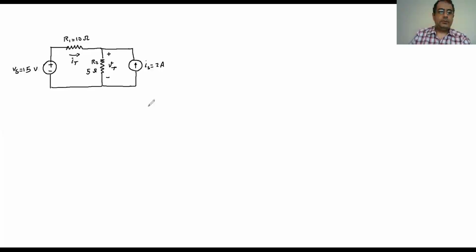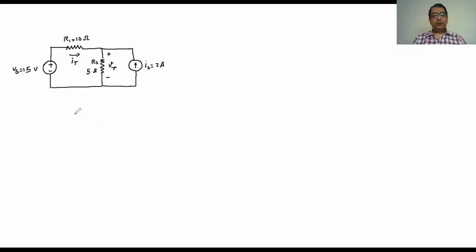So assume this is what we have, and we want to analyze this circuit and, for example, find the value of the voltage here, VT. Assume that's what we want to find, or any other element in this circuit.